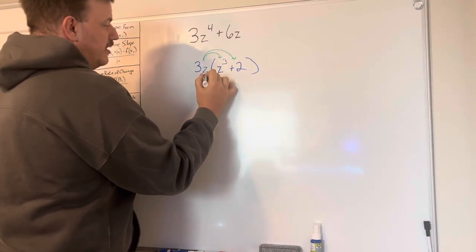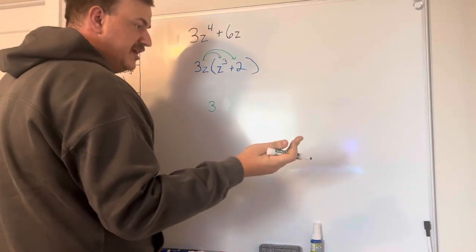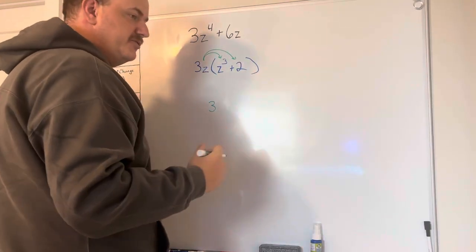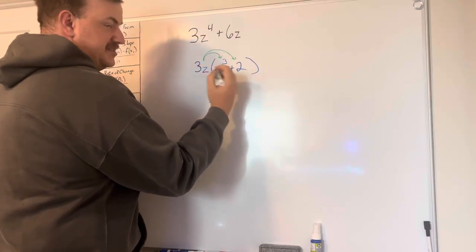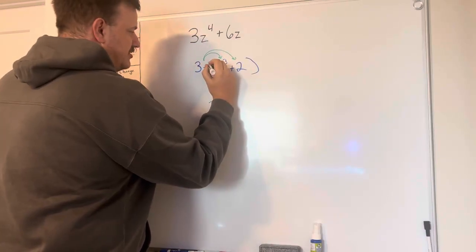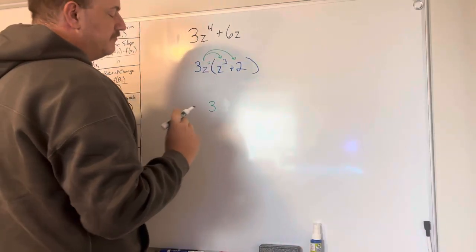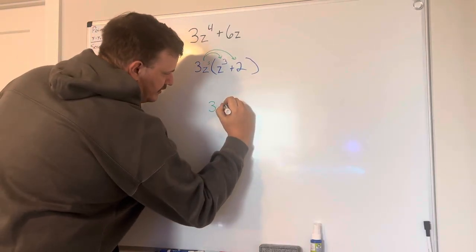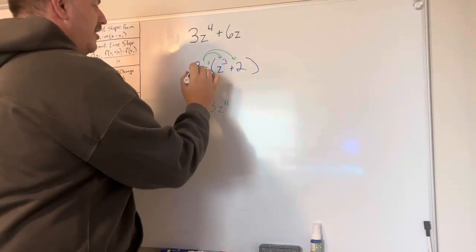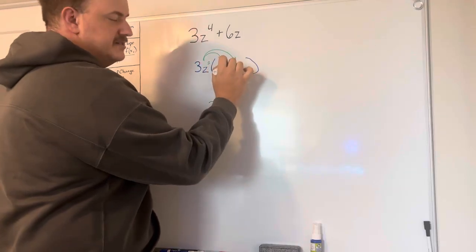But there's a little rule with exponents. When you multiply exponents, you're just adding them. So because this is 3z and doesn't have an exponent, it technically does. It's 3z to the first power. So we add those together, z to the fourth.